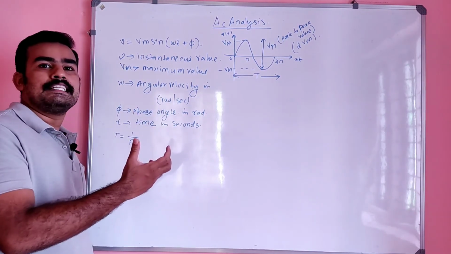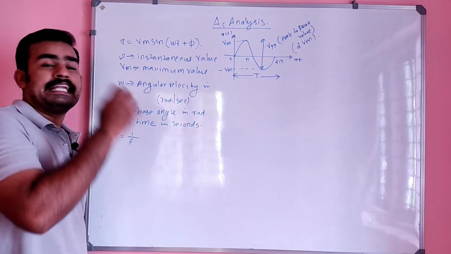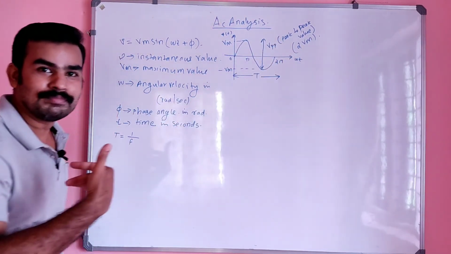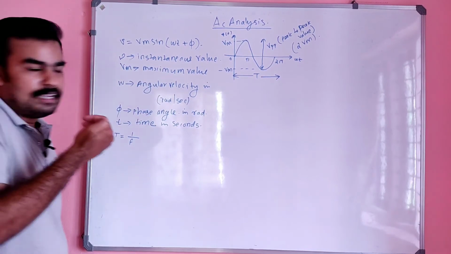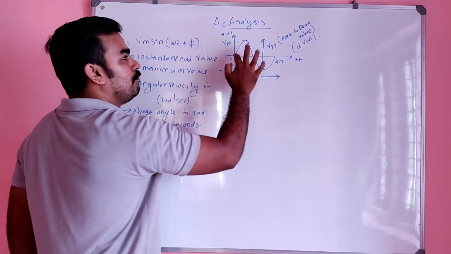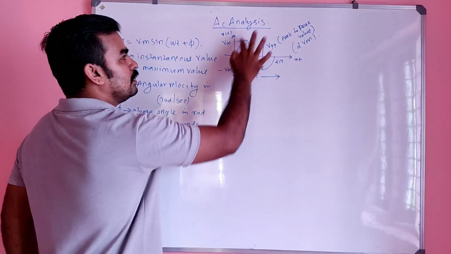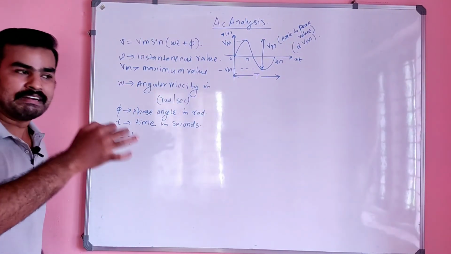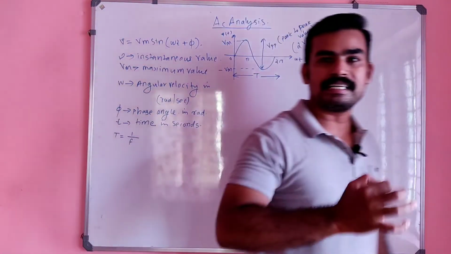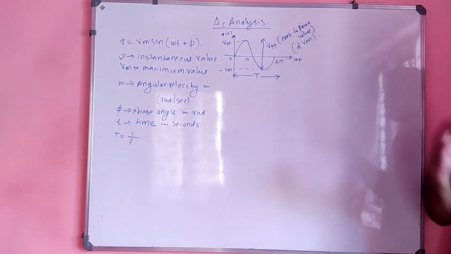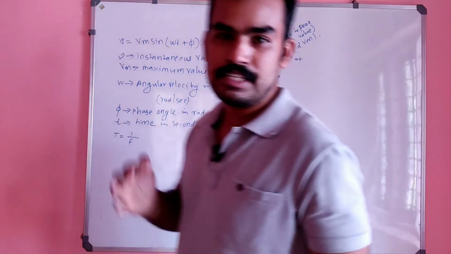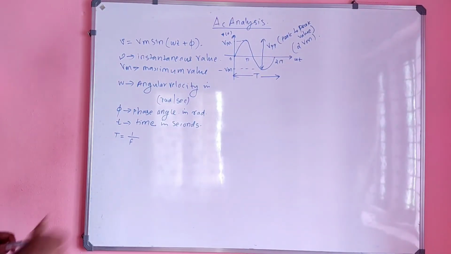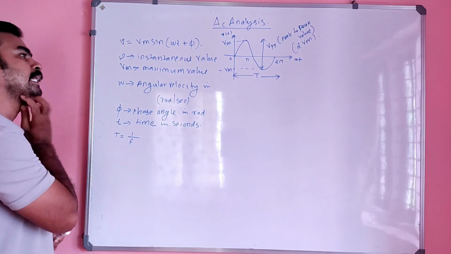So in a second, 50 cycles like this pass in our home. That means 1 cycle, 2 cycle, 3 cycle, like that you receive 50 cycles per second. That is the meaning of 50 hertz. So those are some parameters in AC.